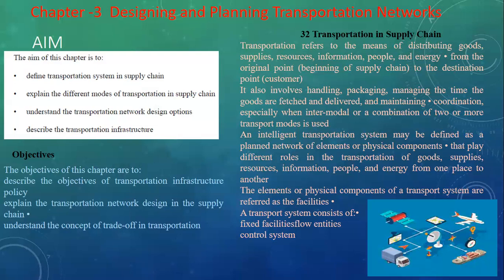In the same way, this intelligent transport system can work if you design your transport network in such a way that the output of your supply chain gives an optimum level. If you design such intelligent transportation, then you will definitely get the benefit of it.